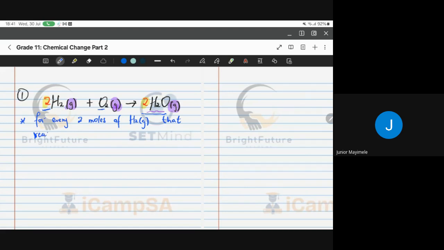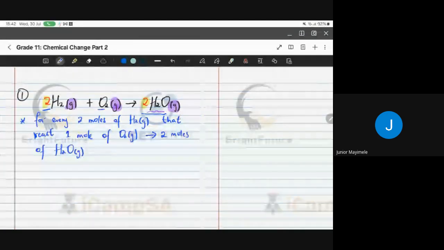Here's a good way of thinking about it. For every 2 patties that react with buns, you get a burger, right? So in this case, for every 2 moles of hydrogen that reacts with 1 mole of oxygen gas, it gives us about 2 moles of water vapor.